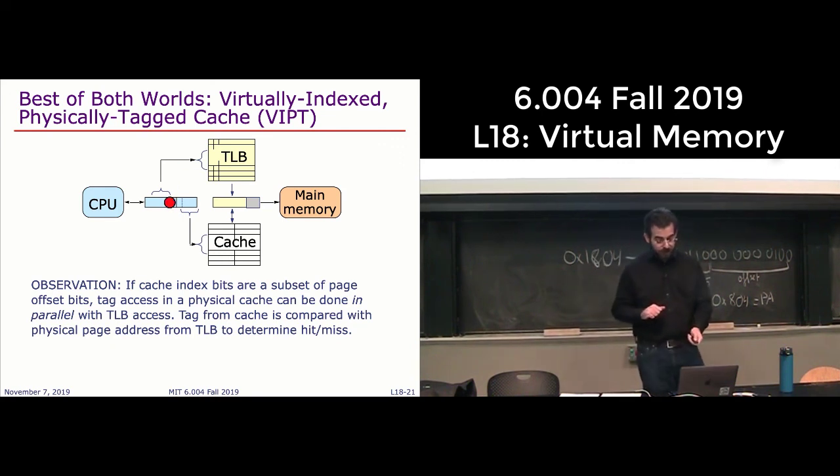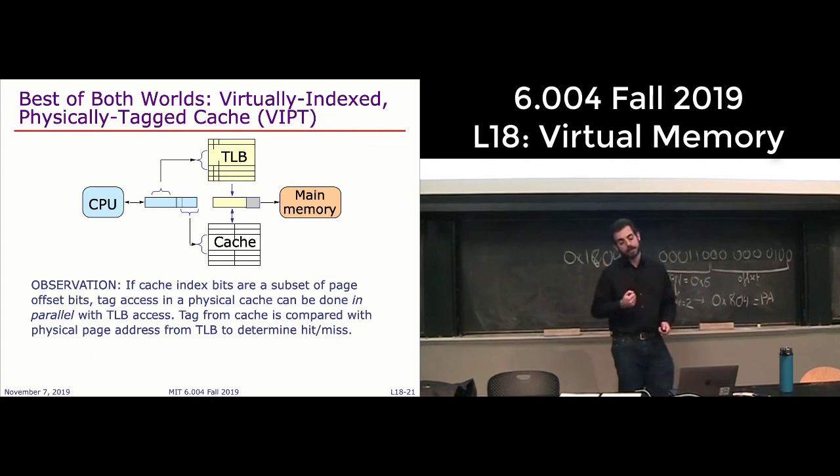Why? Because the lookup of the TLB depends only on the virtual page number, and the lookup to the cache depends only on the index bits. And if the index bits are within the page offset bits, then we can start the lookup here.